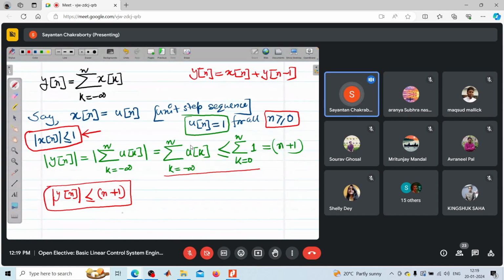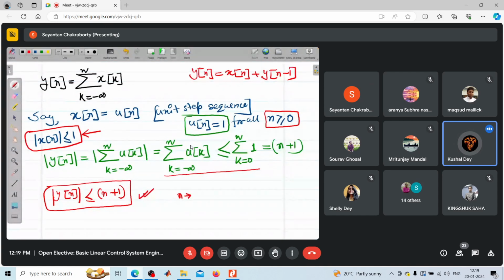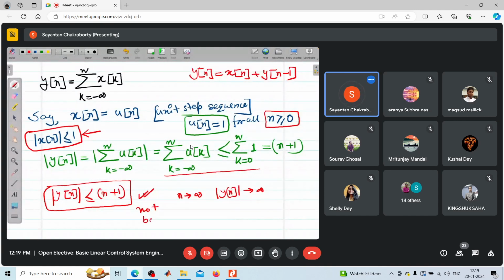So এটা বলো, এটা bounded না unbounded? আনবাউন্ডেড. Yes, as n tends to infinity, the mod of y[n] tends to infinity. So it is not bounded.